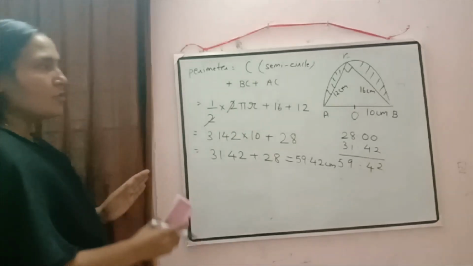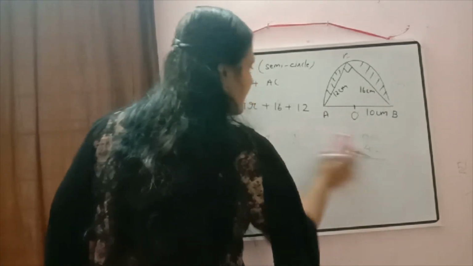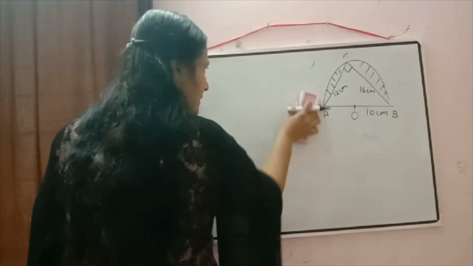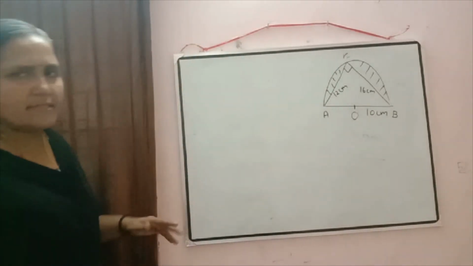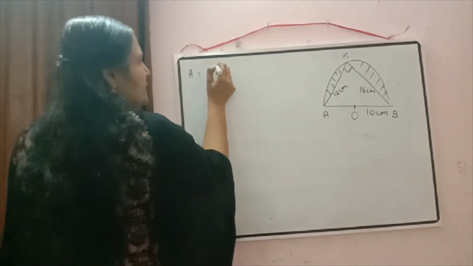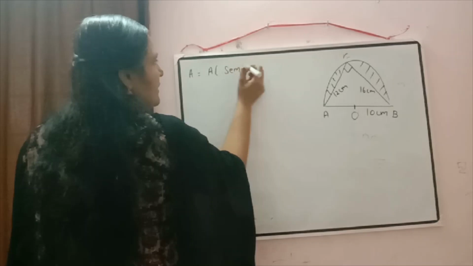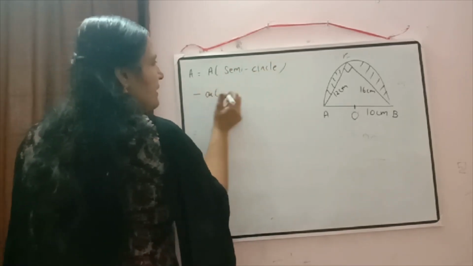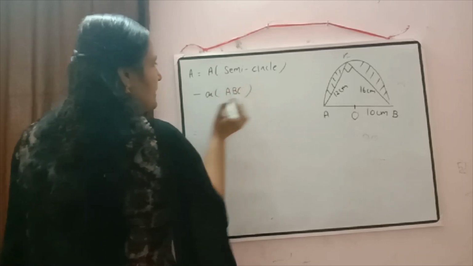Now we will check the area of the shaded region. Area is equal to the area of the semicircle minus the area of the triangle. So the area of the shaded region is equal to the area of the semicircle minus the area of triangle ABC.